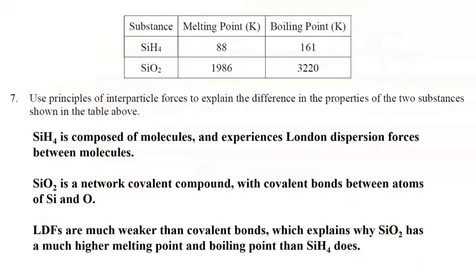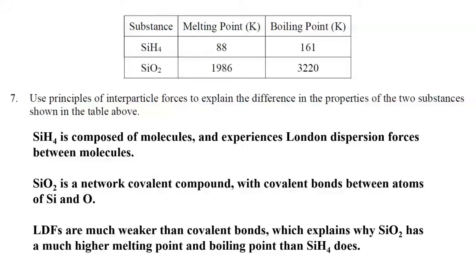So we have to explain the difference in properties. Since SiH4 is composed of molecules and experiences relatively weak London dispersion forces in between those molecules, and SiO2 is a network covalent compound with strong covalent bonds between the atoms of silicon and oxygen, that explains the difference in properties, that LDFs, or London dispersion forces, are much weaker than the covalent bonds.